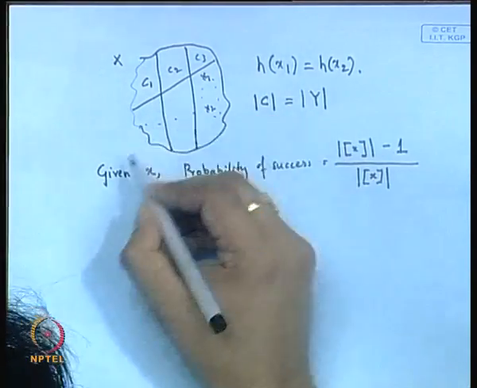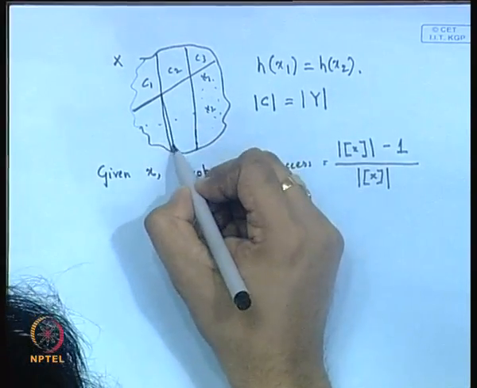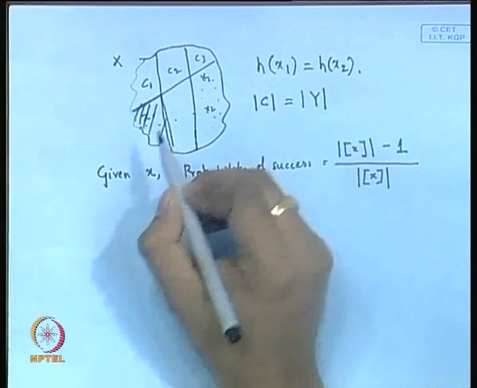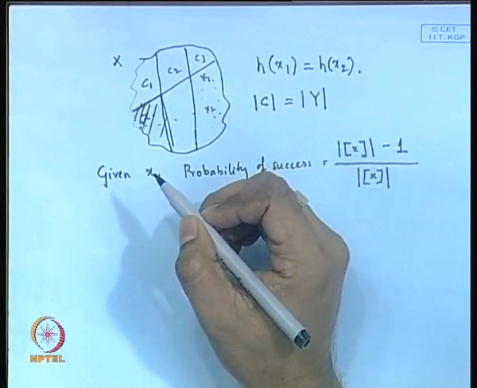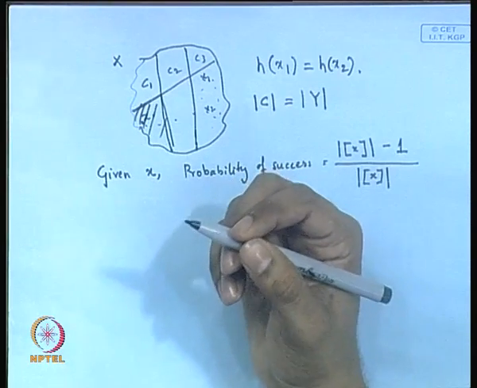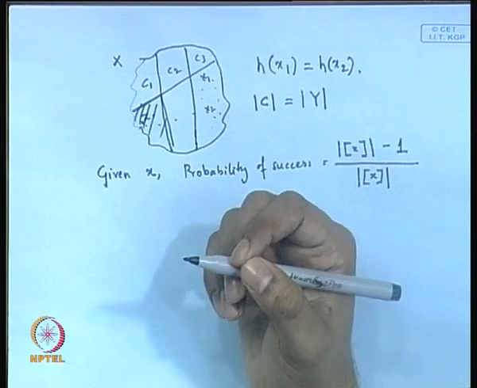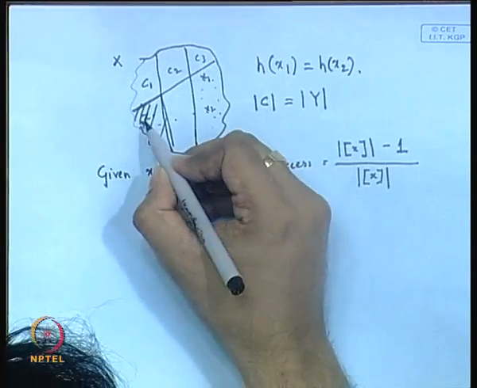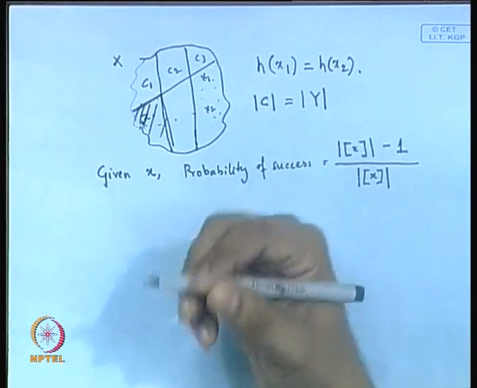Let us consider one particular partition, and suppose x lies in this partition. When you ask the preimage oracle to give you a result, it gives a result with probability 1. We have assumed it is a Las Vegas algorithm with probability 1, so it will definitely solve the preimage problem and return some value.